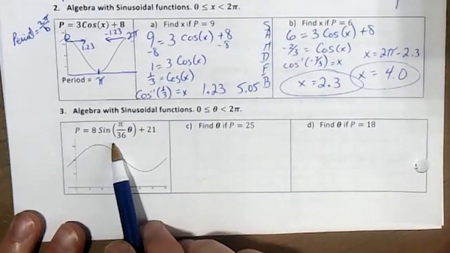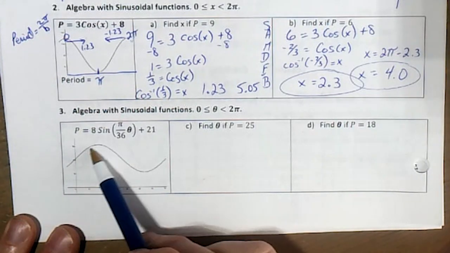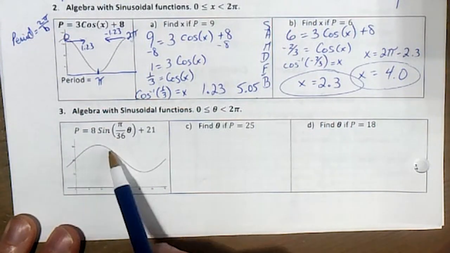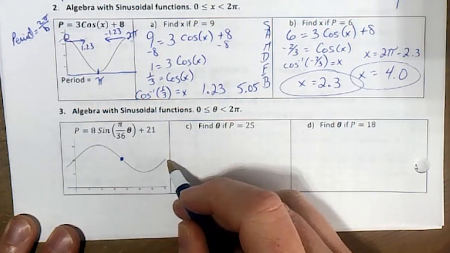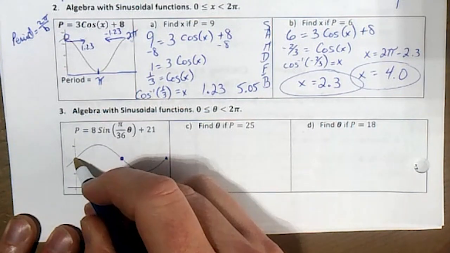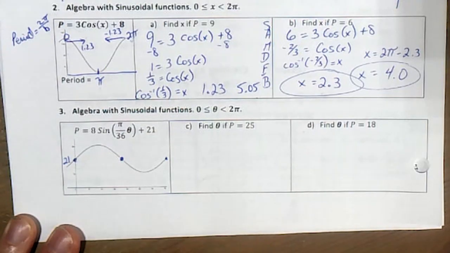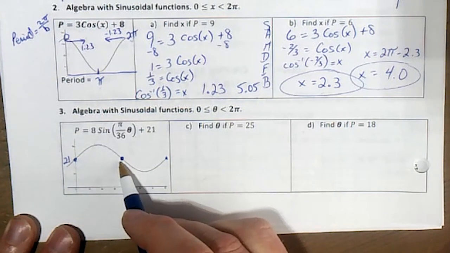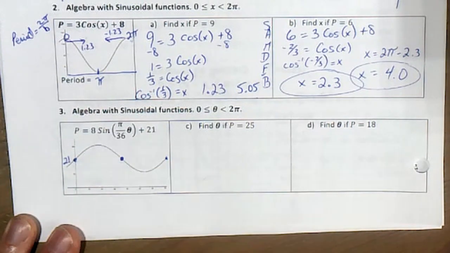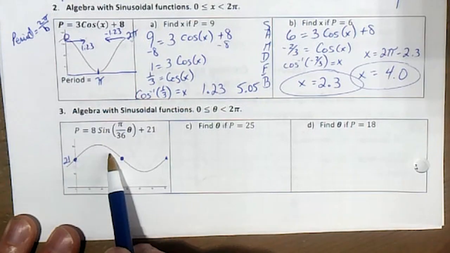Okay, now we're going to do a sine graph, and I've got a simple graph right there. We know it's going up at first because it's positive sine, gets to the midpoint, and then goes underneath, comes back to the midpoint. And the midpoint is 21. So it goes up 8, back to midpoint, down 8, back to midpoint. That's key. If it's in the upper sections, we're going to have two answers in the first and second quadrant.